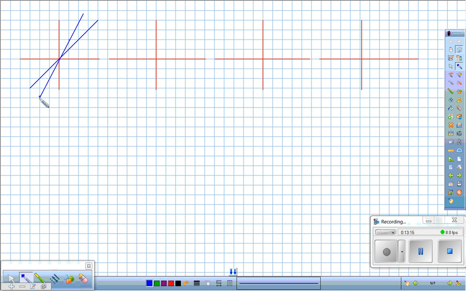So from here to here, I went up 2, right 1, up 2, right 1, up 2, right 1. Okay, and then to see one more with a slope of 3, I can go up 3, right 1. From here to here, I'm going up 3, right 1, up 3, right 1.